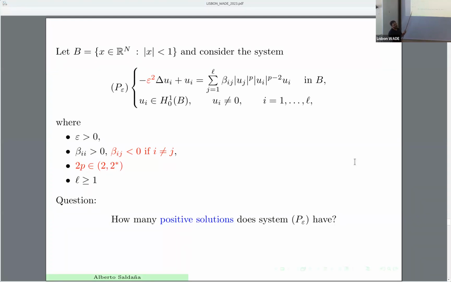And I'm not taking now the critical exponent, but subcritical exponents. And the question I want to answer now is, how many positive solutions does a system like this have? Where B, well, we can think of it as a ball to fix ideas. Okay, so to have an idea, maybe we can look first at the equation.